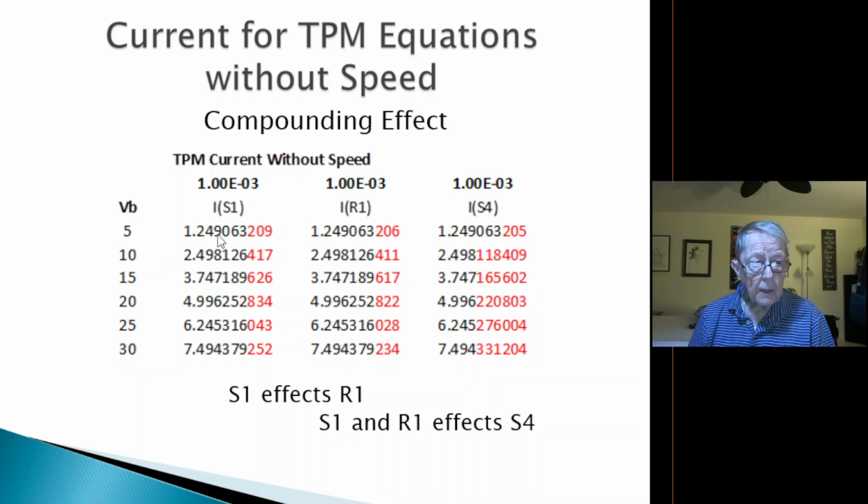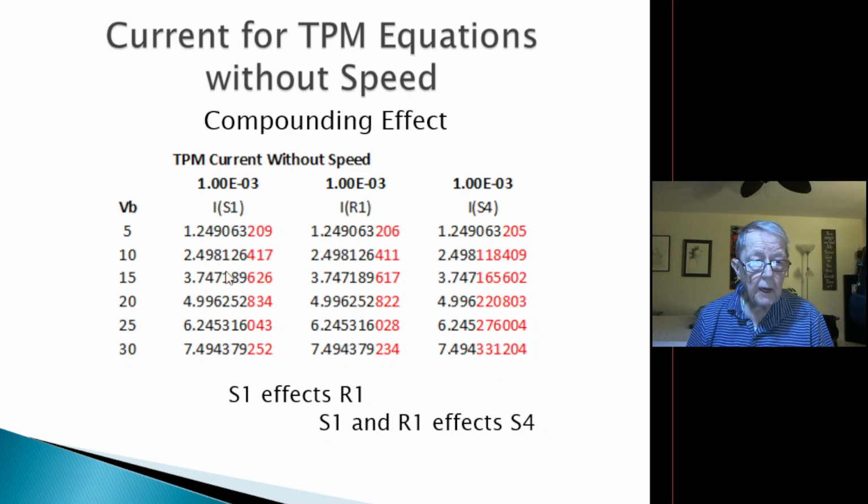It's right about the same as 1.249. I highlighted these three numbers because it's the only part of this calculation that changes. And sure enough, this is higher, and then this is less, and this is less. All the black digits are the same.